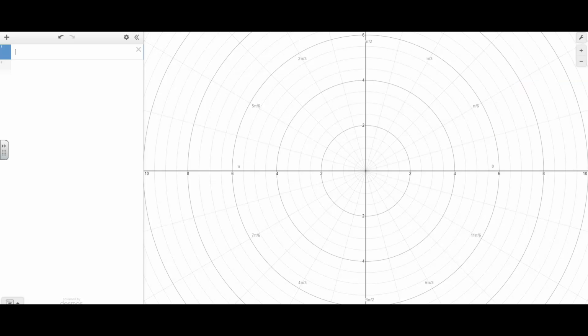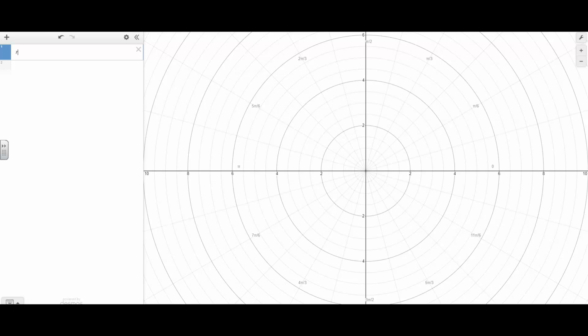What we want to do is type in the equation of what we're going to graph. If you'll remember the one we were working on, it said r squared equals 4 cosine 2 theta. The problem is Desmos won't do r squared equals because they need it to be linear. Now, there might be a way around that.